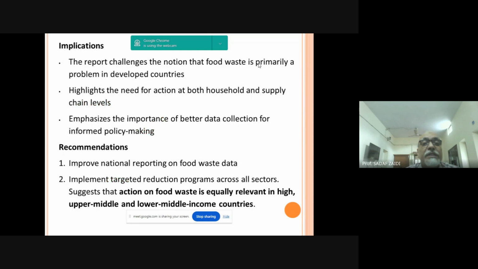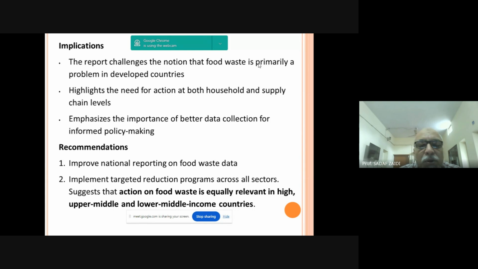Now, what were the implications of this report? That this report basically put a challenge. It challenged the notion, the idea कि फूड वेस्ट जो है वो डेवलप्ड कंट्रीज की प्रॉब्लम है. इससे पहले क्या समझा जाता था? It was thought that food waste is a problem of the developed countries. लेकिन ऐसा नहीं है, ये हर कंट्री में इसकी प्रॉब्लम है.